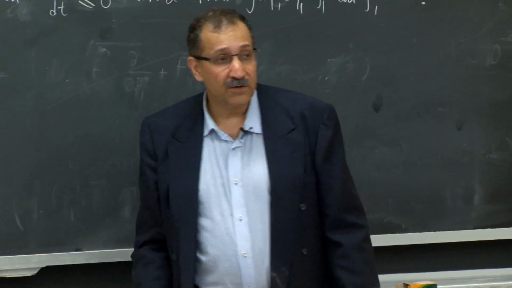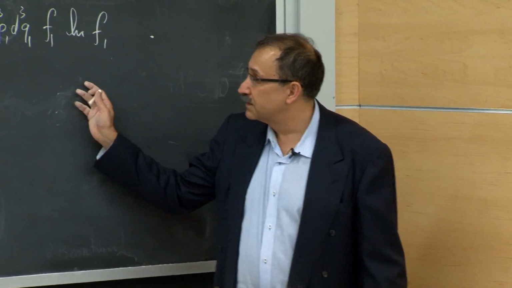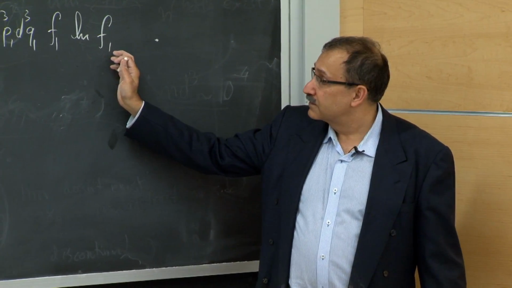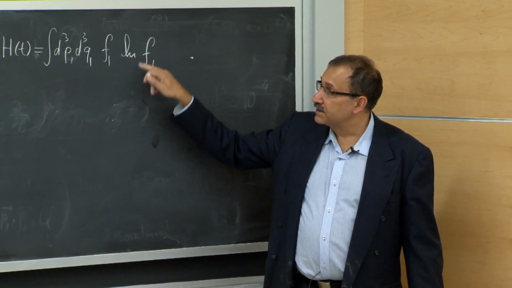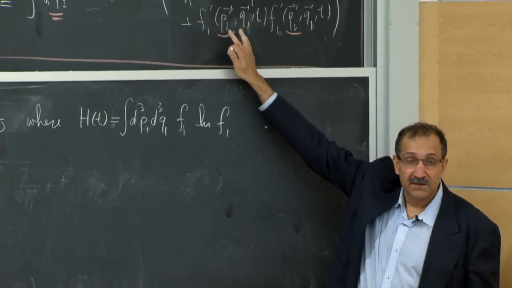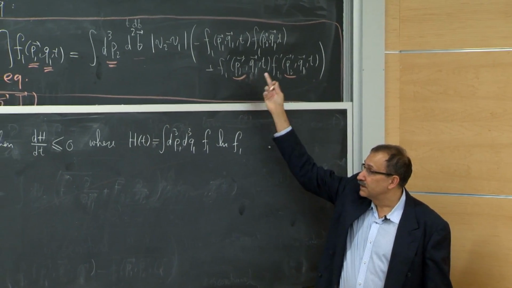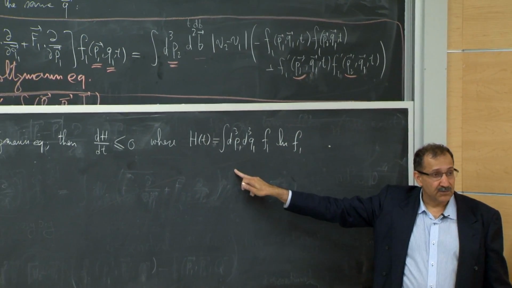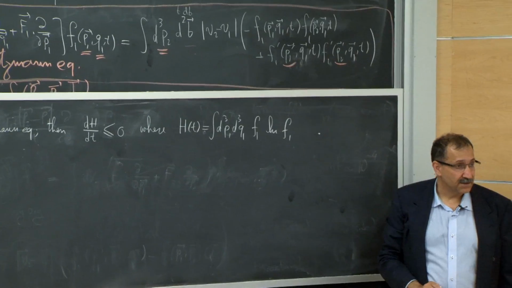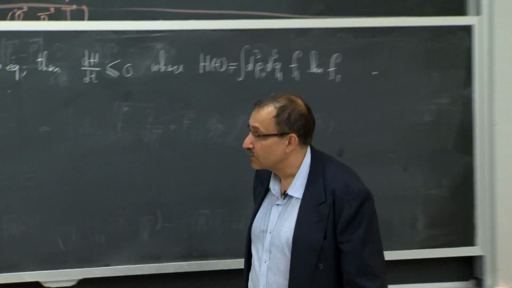And this occupation of one particle phase space is changing as a function of time. The statement is that if the one particle density evolves in time according to this equation, the corresponding minus entropy decreases as a function of time. Okay, so let's see if that's the case.